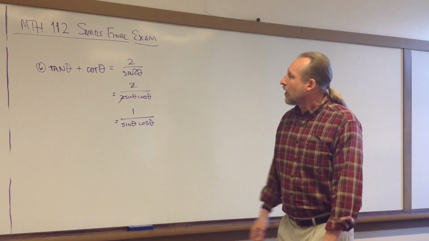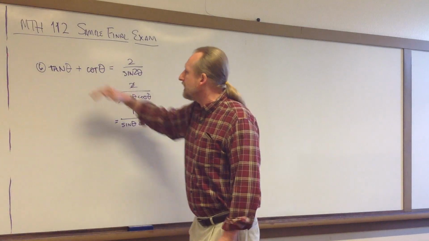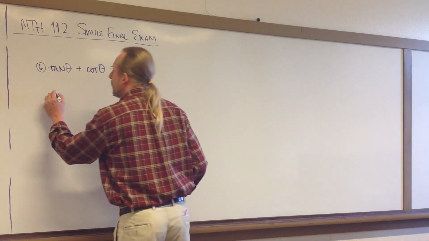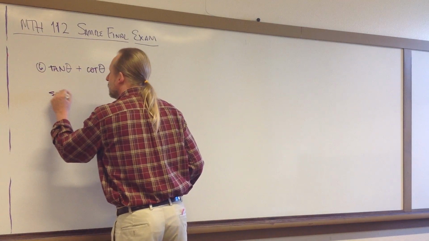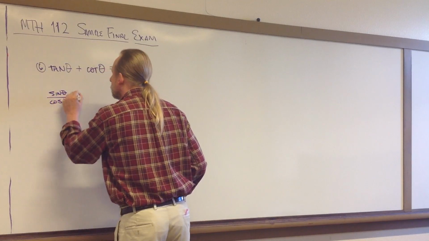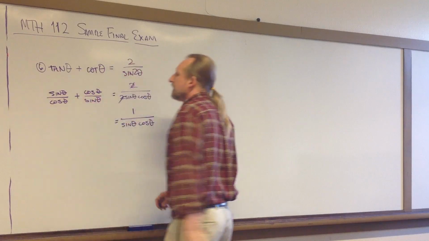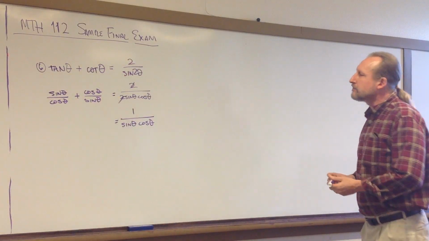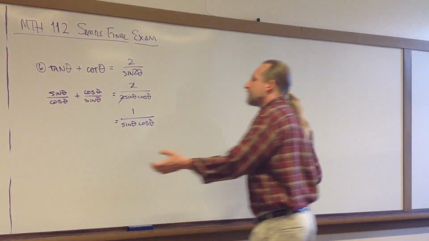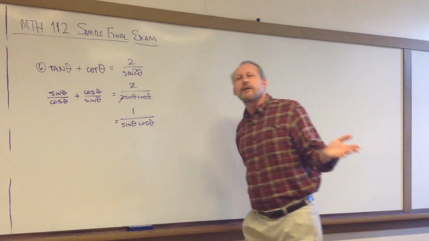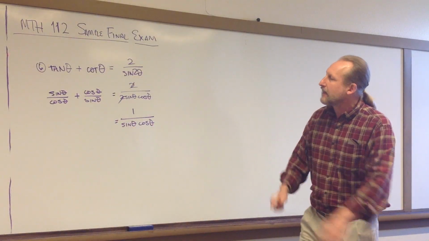All right. So I'm going to rewrite these in terms of sines and cosines. This one, sine theta over cosine theta. And this one, cosine theta over sine theta. All right. So now that we've got that, we've got two fractions. We should make a common denominator for them and add them together.